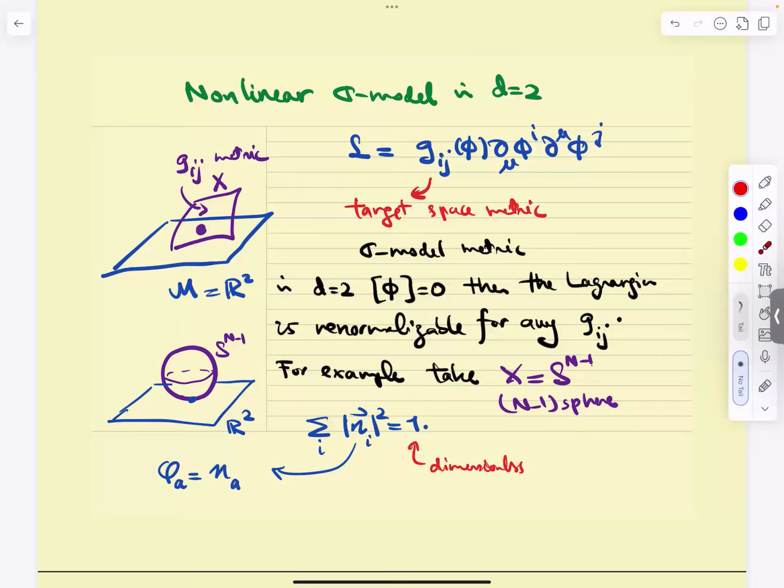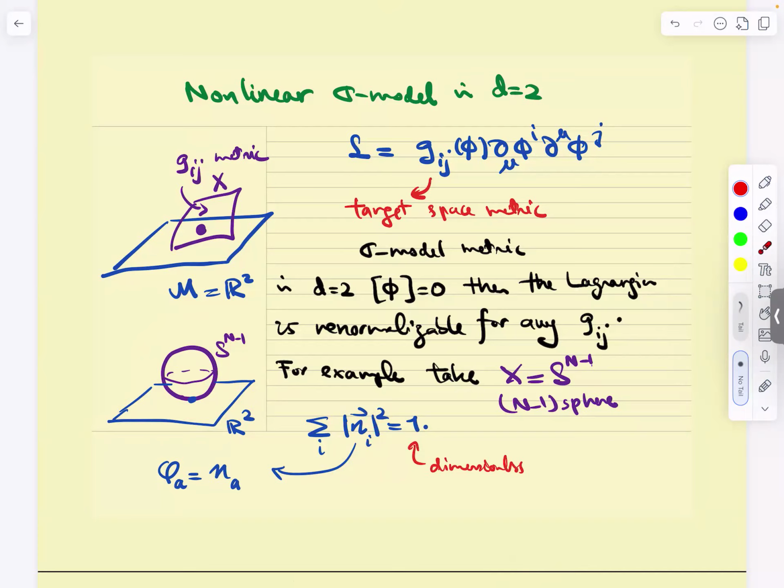The simplest example of a nonlinear sigma model is I'm going to pick R^2 and I'm going to pick the field to be a vector on a sphere, S^(N-1). My field is on S^(N-1). So if my field is some vector n_i, it means the sum of n_i squared is equal to 1.